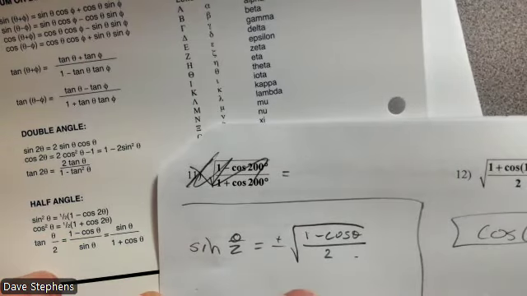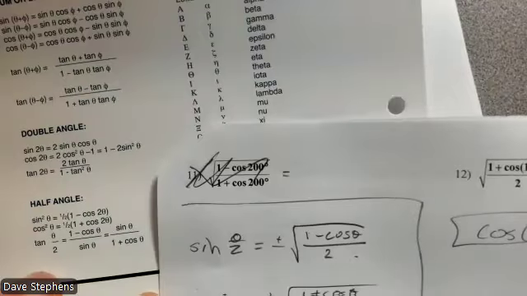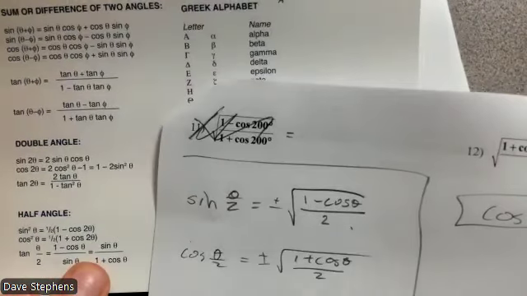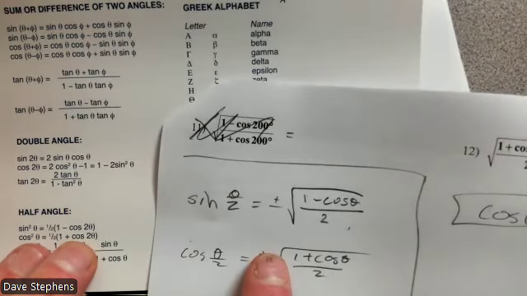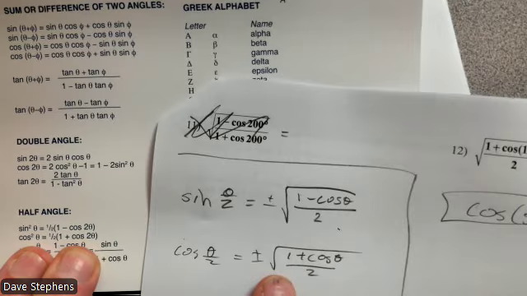Then we have cosine of theta over 2 is equal to plus or minus the square root of 1 plus cosine theta over 2. That's just the same way of saying these half angle identities here. All right.